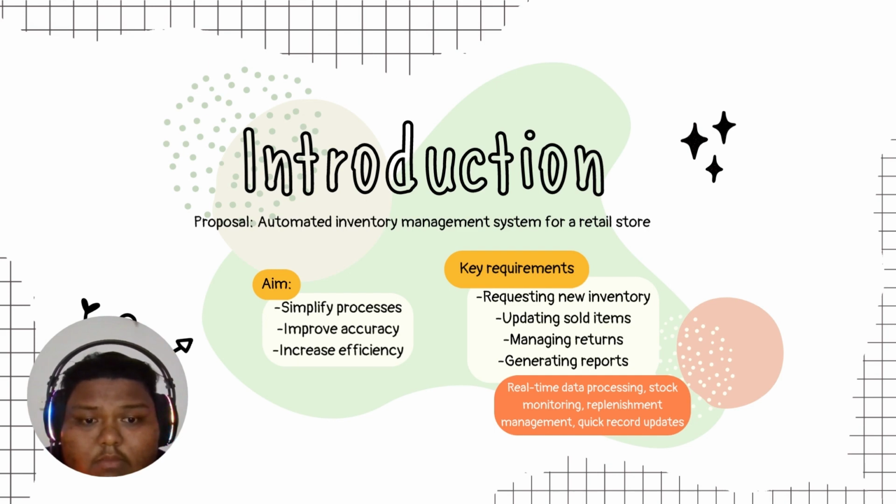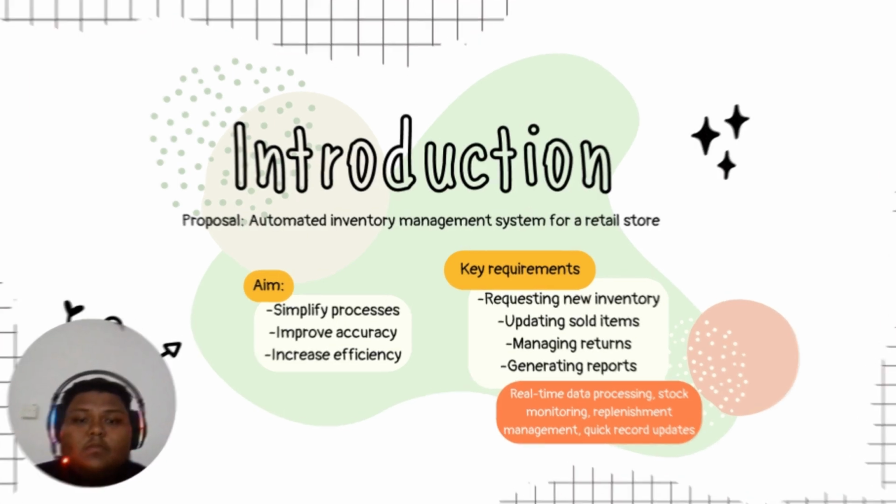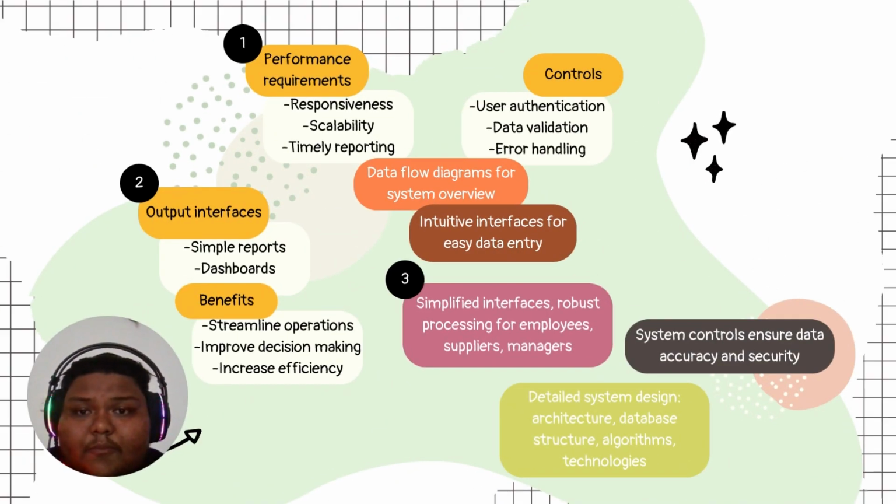As a customer or as a store employee, you can also update the real-time data processing, stock monitoring, replenishment management and quick record updates. So the next slide, we have performance requirement, output interface and simplified interface.